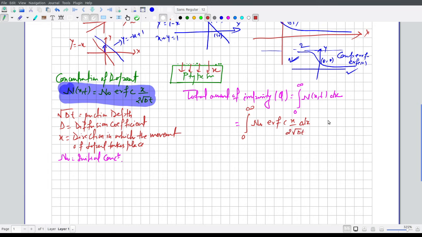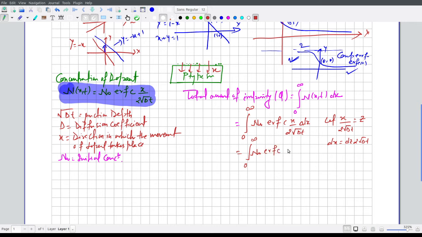Here, what we can do, x by 2 root Dt, let this one be z. So dx equals dz times 2 root Dt. We can change the integration limit, but it remains 0 to infinity, there is no change in the limit.